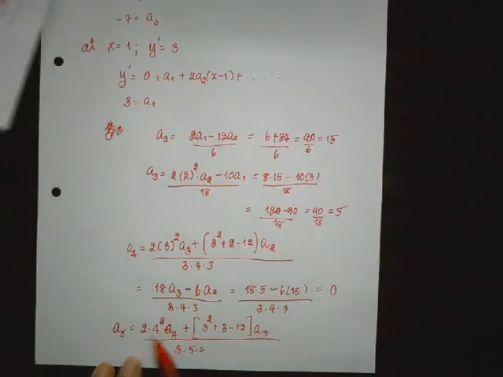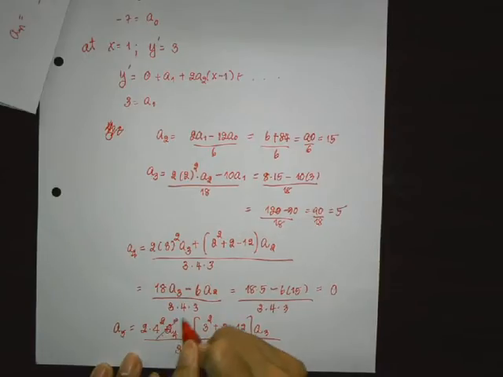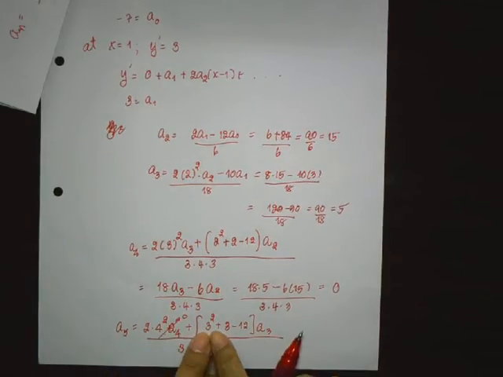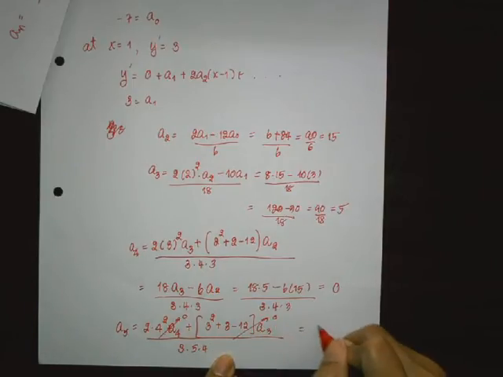This term is equal to 0 because a4 is equal to 0. 9 plus 3, 12 minus 12, 0. So a5 is equal to 0.